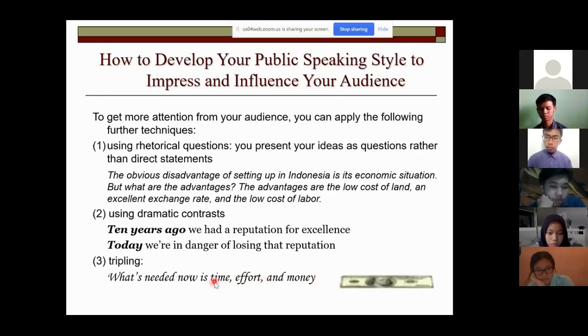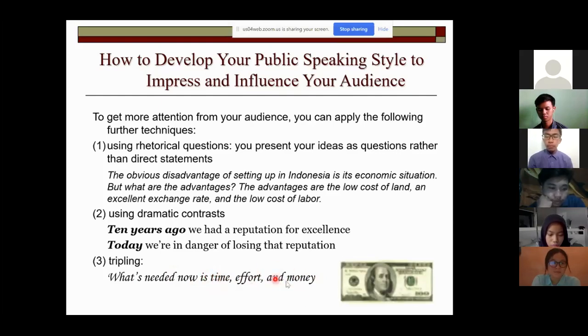So this is the tripling: time, effort, and money. The presenter wants to point out that time, effort, money is really urgent. And these 3 words, time, effort, money, are compound, or selaras, setara.